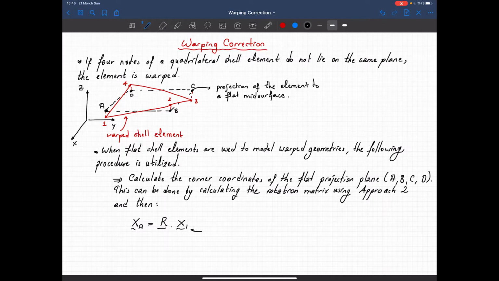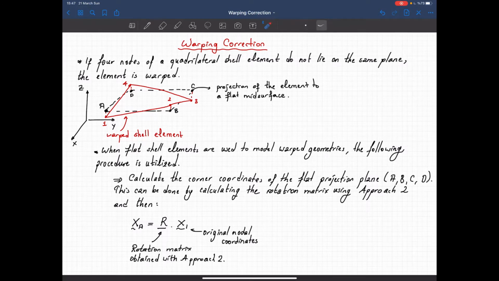So these are the original nodal coordinates. The rotation matrix is obtained with approach 2.